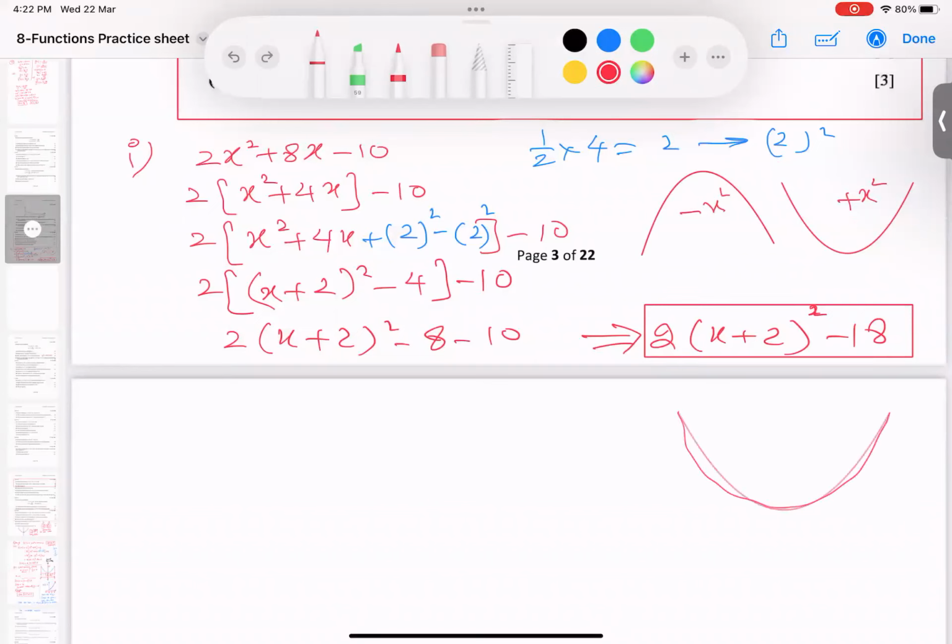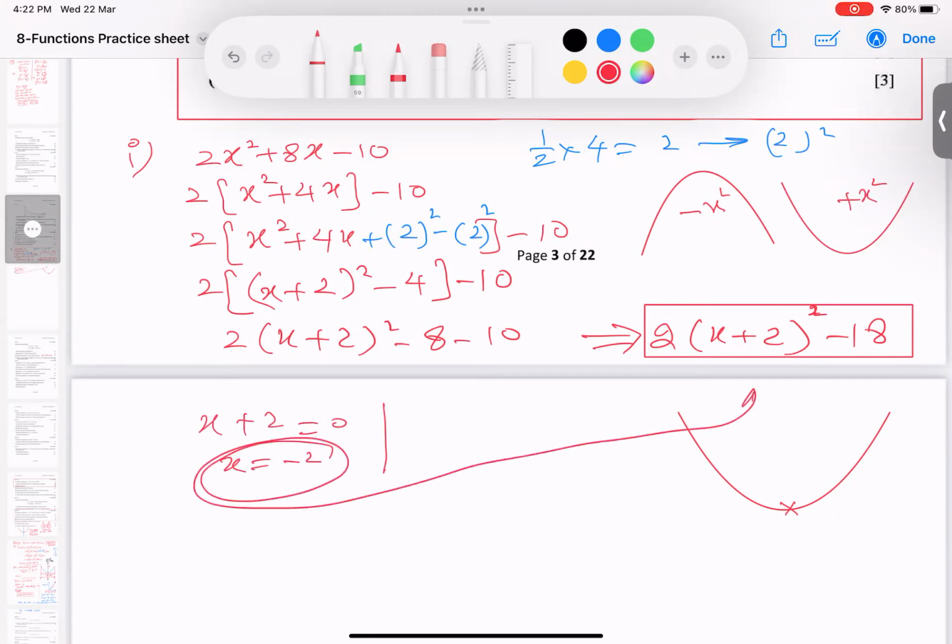If someone asks me how to find the coordinates of this, we have done it many times. This under power 2, whatever, put equal to 0. When I put it equal to 0, x becomes minus 2. And I said you replace minus 2 in this equation, here or there. Replace here, why waste time?